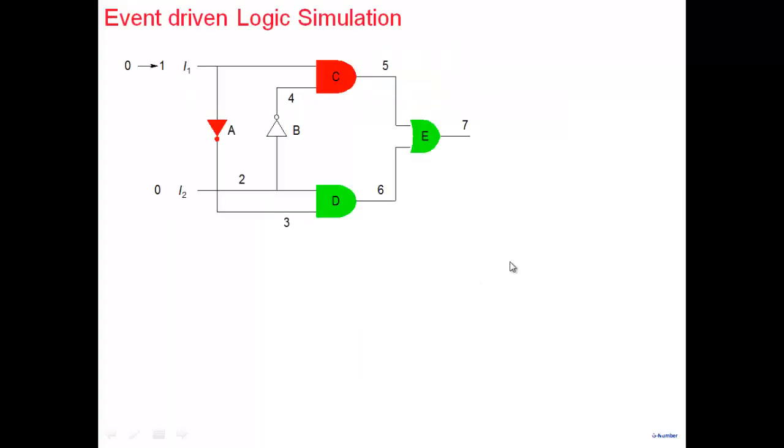So last lecture, we were looking at logic simulation. And we said that for logic simulation to be efficient, we should carry out the simulation of the different gates on the basis of events. If an event has occurred on the inputs of any of the gates, we simulate it. Otherwise, we don't.